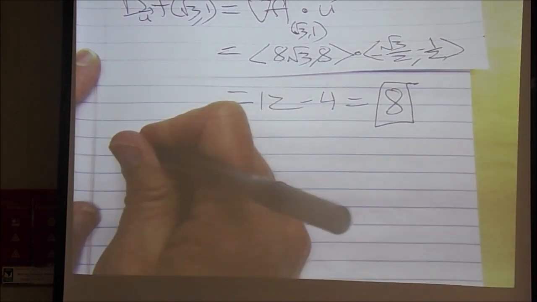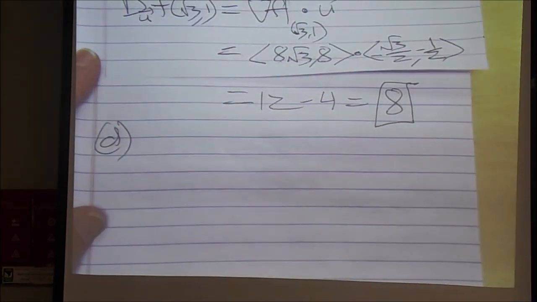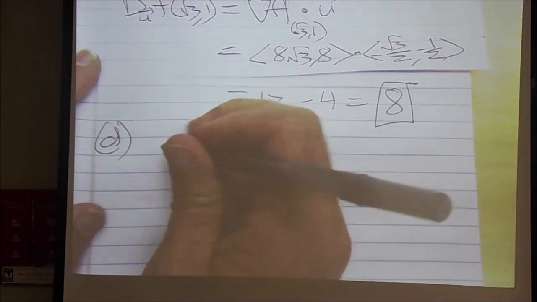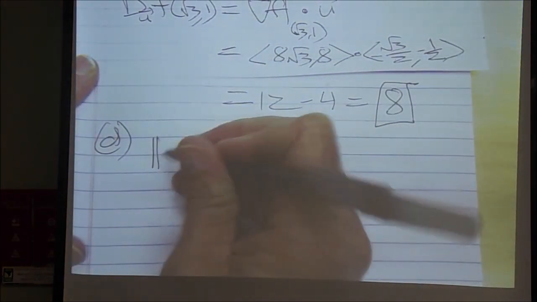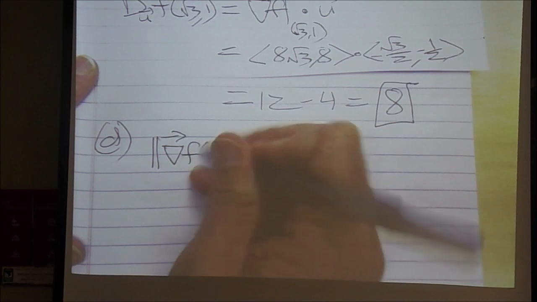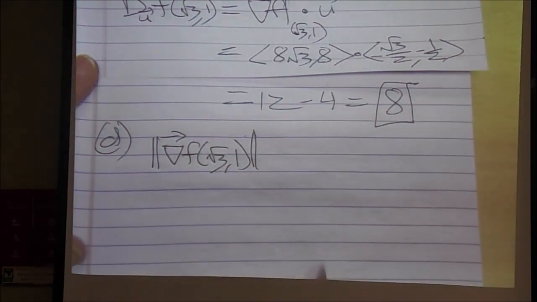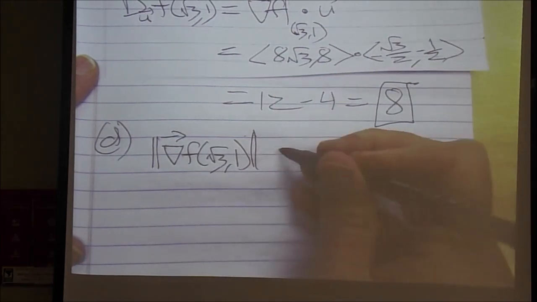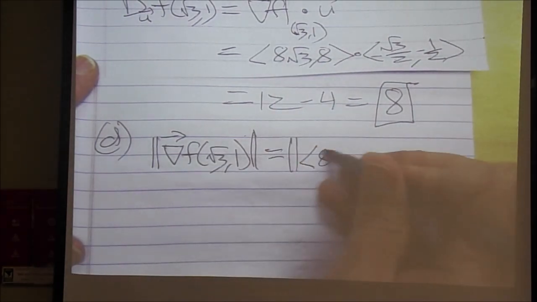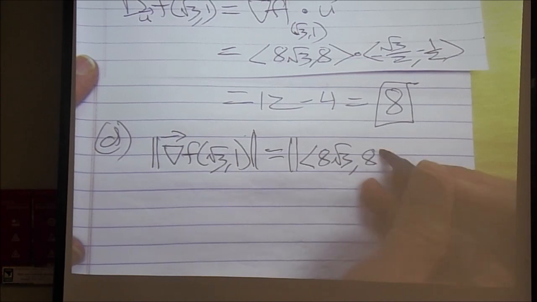D is kind of interesting. D says find the largest directional derivative and a unit vector in that direction at square root 3, 1. So the largest directional derivative is always the length of the gradient at that point, but we already calculated that. We found out the gradient was 8 square root 3, 8.